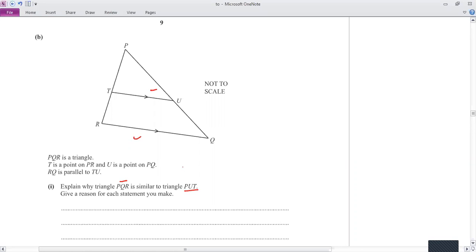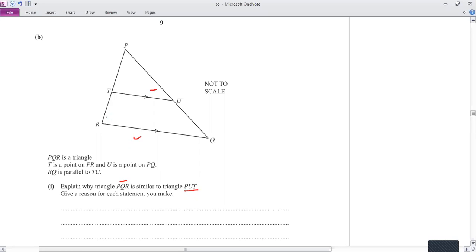For triangles to be similar, there are 3 conditions. The first thing is that their corresponding angles should be the same. The condition can be that all 3 angles should be the same.